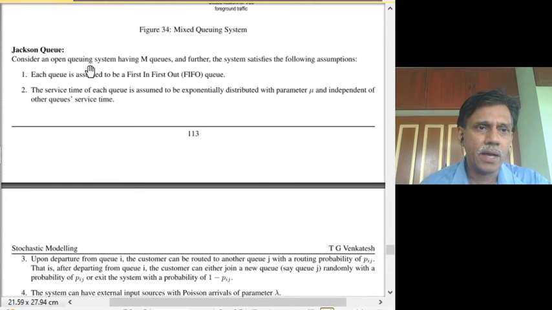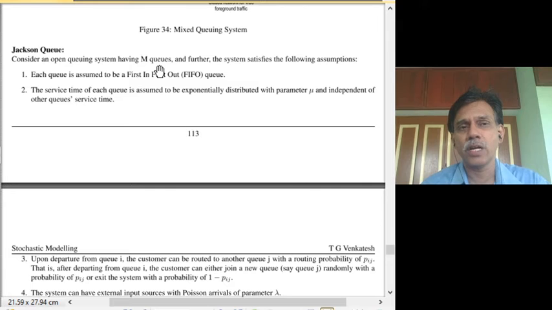So we have an open queuing system in general. A mixed queuing system is more general, which can either be open or closed.